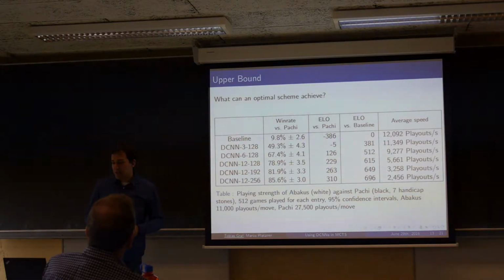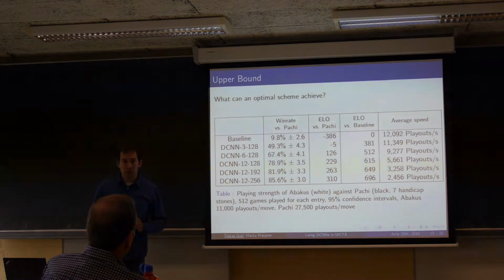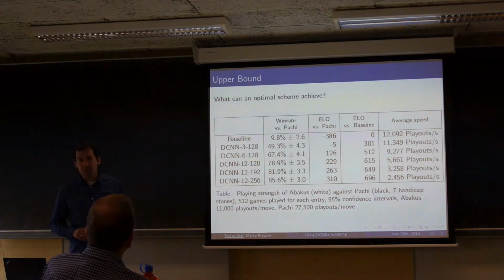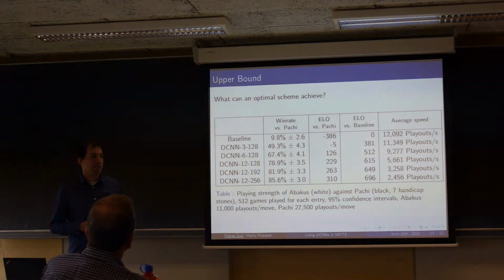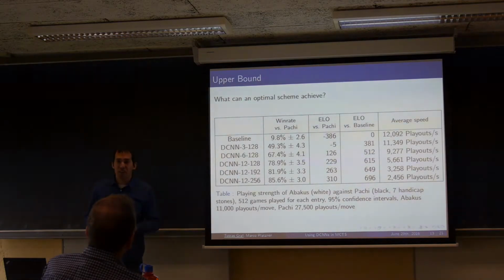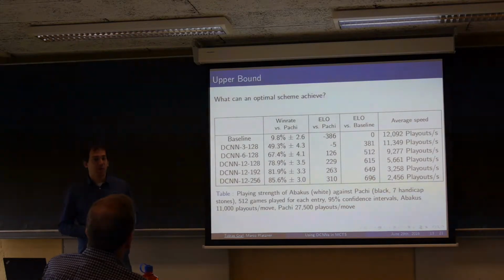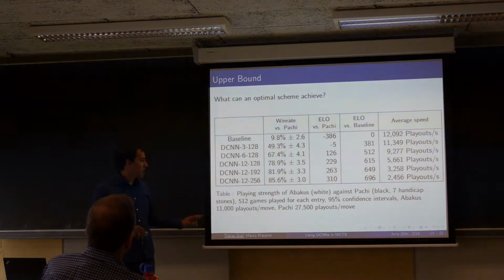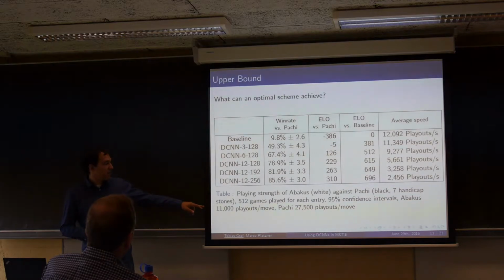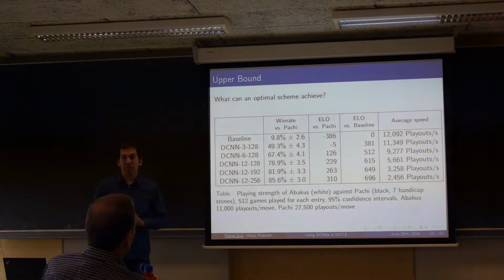So we made tournaments against Pachi, and we fixed the number of playouts per second, which is the easiest way to get exactly this result. So in 1 second, later we use 1 second per move for the tournaments. So in 1 second, Abacus roughly gets 11,000 playouts and Pachi 500,000 playouts.